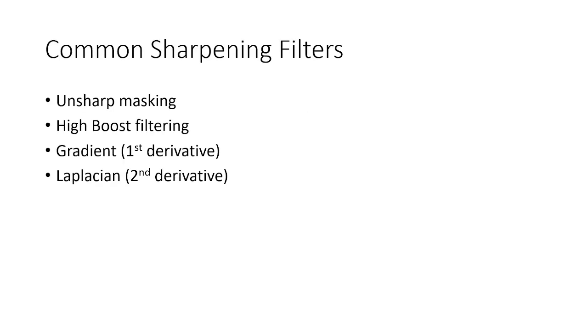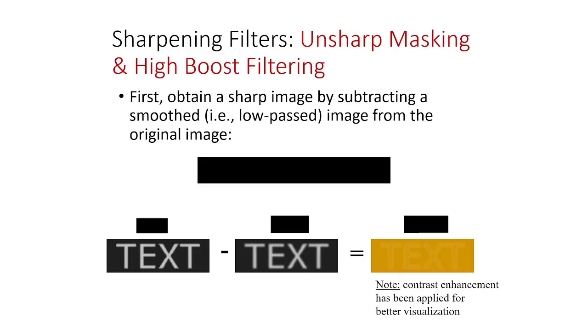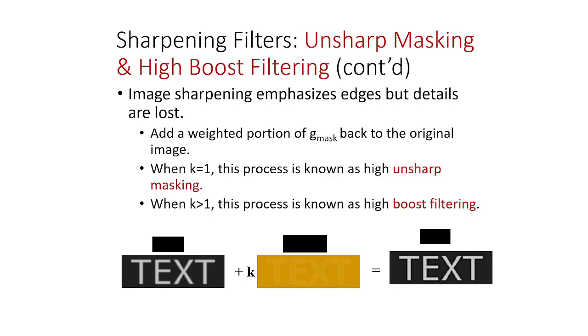Common sharpening filters are high boosting filters, the first derivative gradient, and the Laplacian second derivative. This is unsharp masking of text. You are getting the text, that is, high contrast enhancement is applied for better visualization.